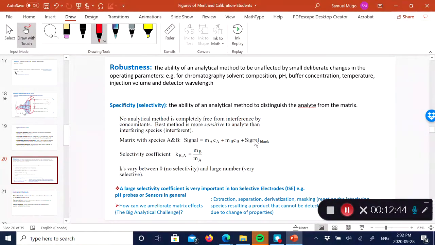And so that's why you would use sensors that are very specific or selective to the analyte of interest. Now, in the event you don't have sensors, remember, you can equally mitigate matrix effects using other methods. And I think you guys already know this. You can mitigate using extraction.